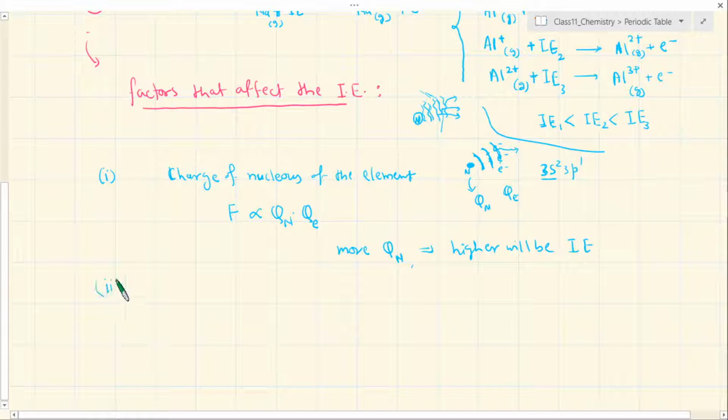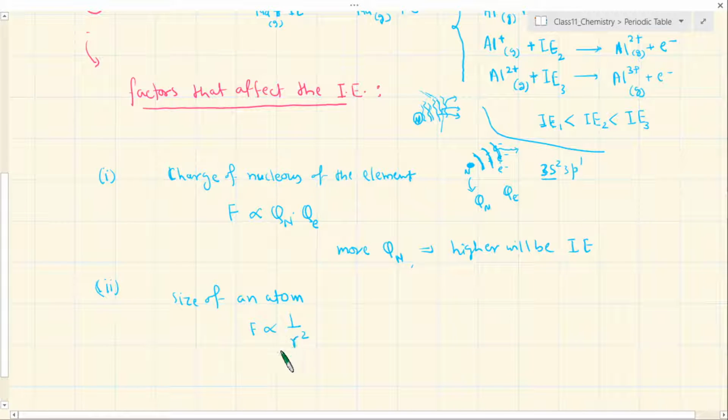Second factor, which is related to the structure factor, in fact that is also related to this, but the structure factor means the size of an atom, and we know that the force of attraction also depends upon the distance, and it is inversely proportional. So F is inversely proportional to square of the distance between the nucleus and the last electron that you are removing.